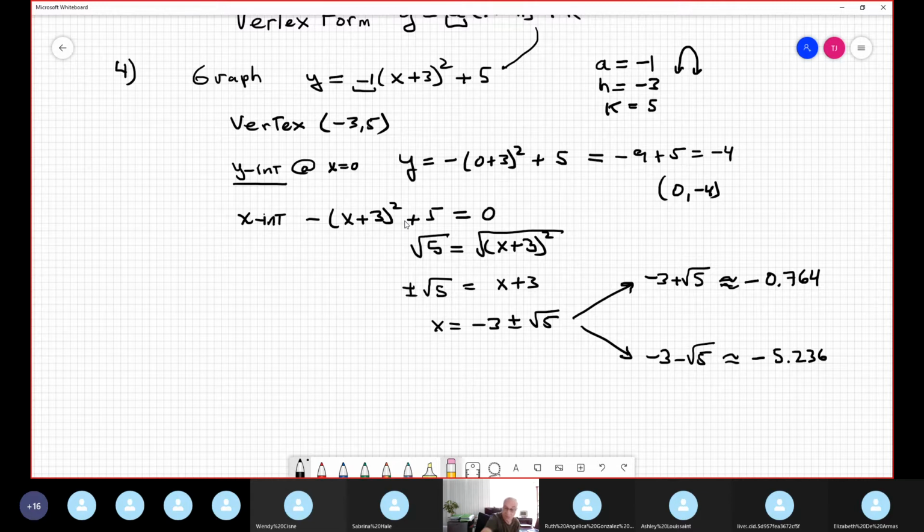Okay, this is the situation for our parabola, and also we know the parabola opens down, no? So we discover this point is the point (-0.764, 0), and (-5.236, 0).